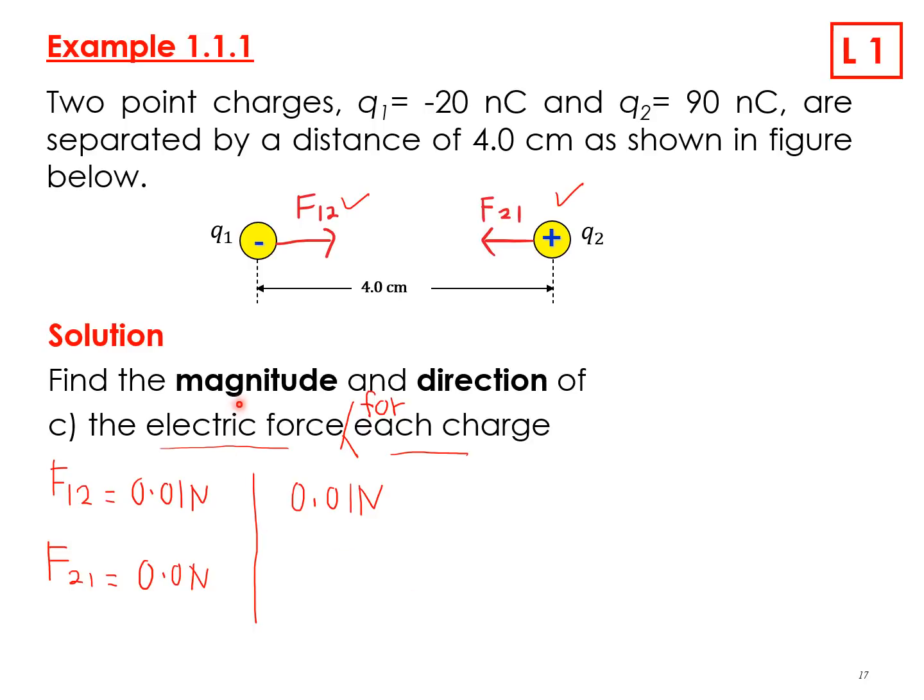Meaning that the magnitude of electric force for each charge is 0.01 Newton, while the direction of electric force for each charge is toward each other. That's the answer for part C. Settle example 1.1.1.